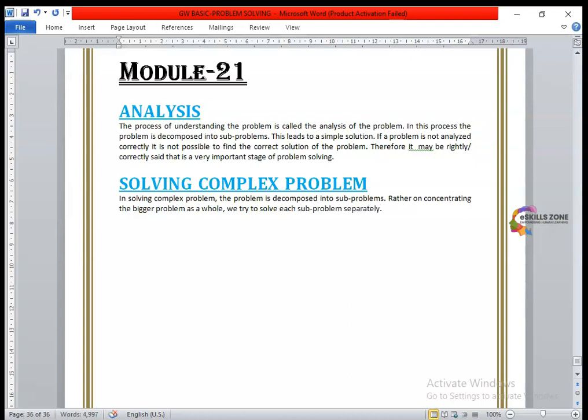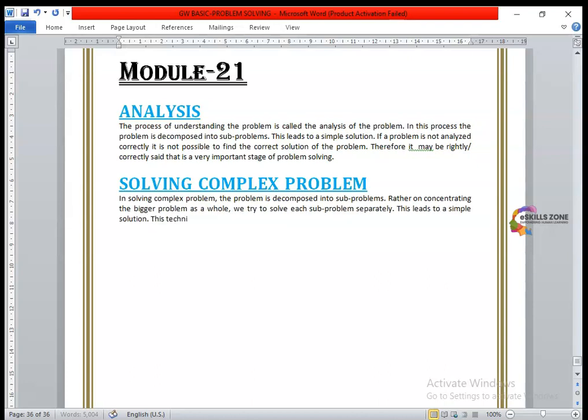So this is the rule, rather than concentrating on the bigger problem, which can be a bigger and tougher situation, we make these sections of the whole problem into smaller problems, and then each and every subproblem is dealt with and solved separately. This leads to a simple solution.